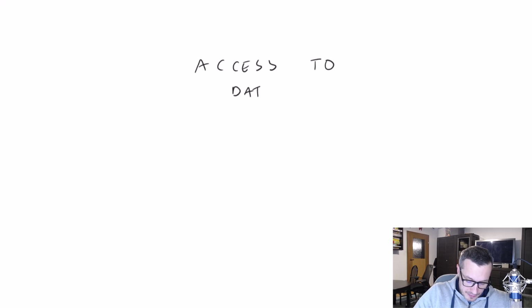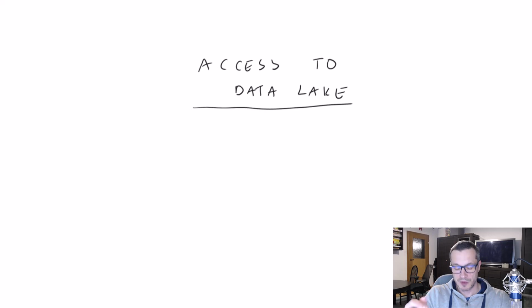Great. So now, when we think about getting access to some resource, well, getting access to a data lake to be more precise, we can basically split it into two categories.